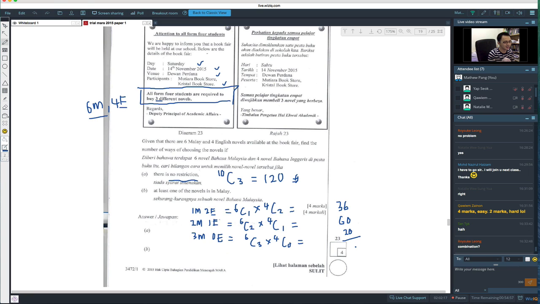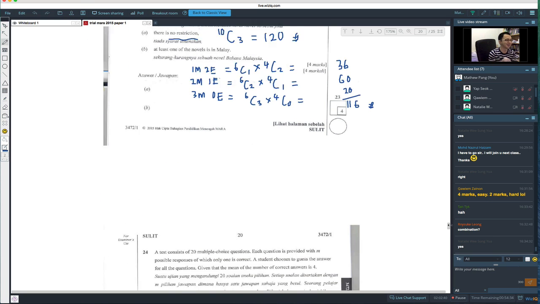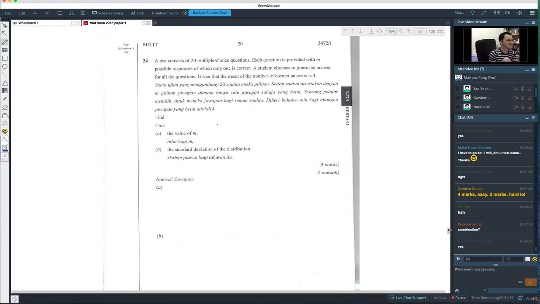So this one is 36 plus 60 plus 20, which is 116. In total you have 116 ways to choose 3 novels from 10 different books. This is combination, yes. Is my answer correct? Yes, good. Then I'm going to move on. It's not really hard. This one is just a combination question, but it gives you more information to try to confuse you.